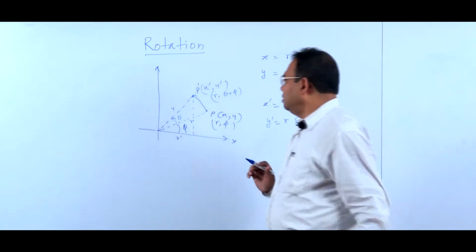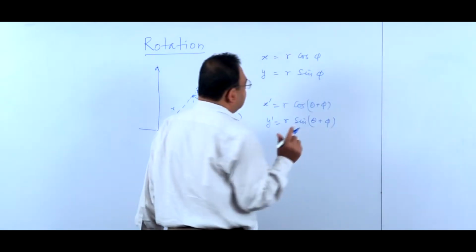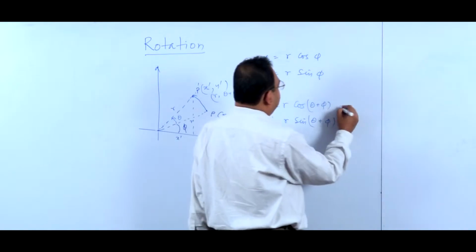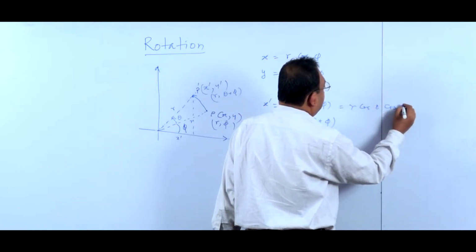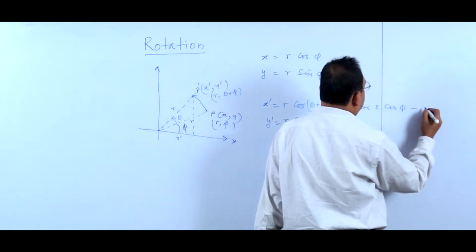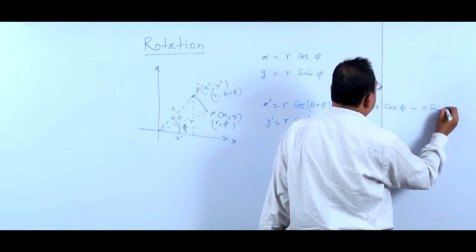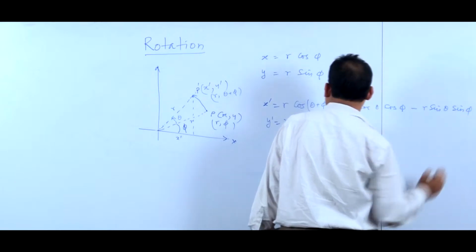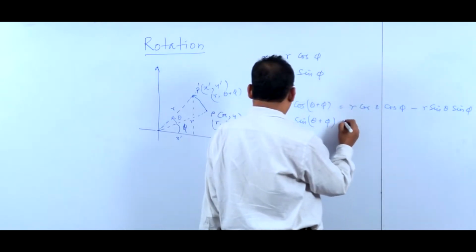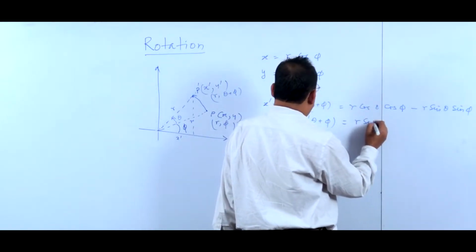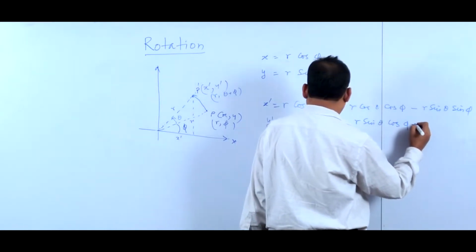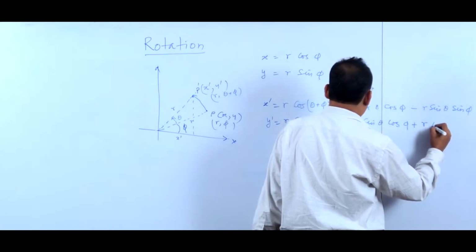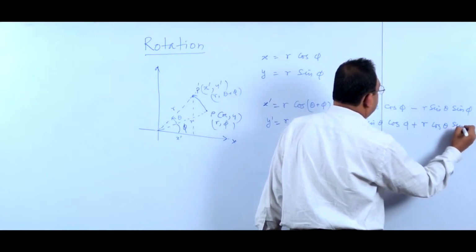That is my objective. So we can write x dash as r cos theta cos phi minus r sin theta sin phi, and y dash is equal to r sin theta cos phi plus r cos theta sin phi.